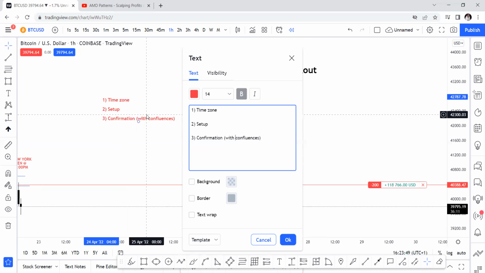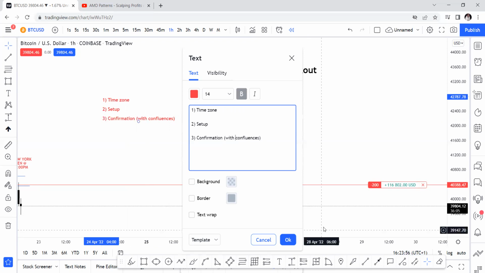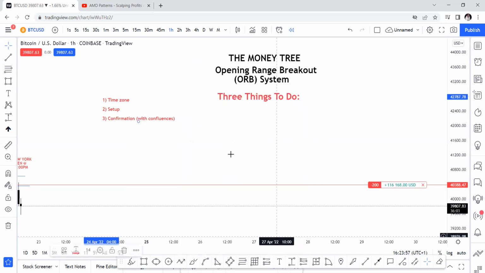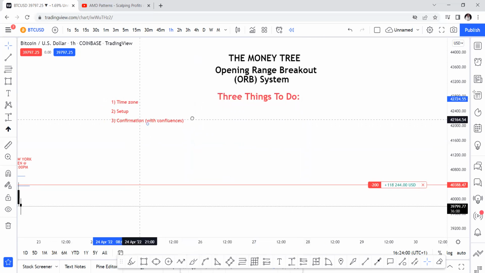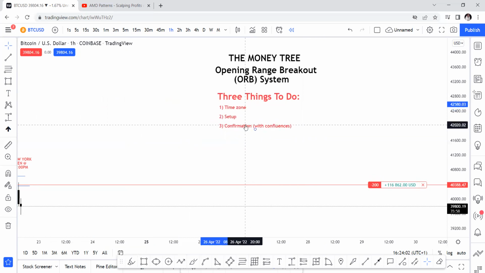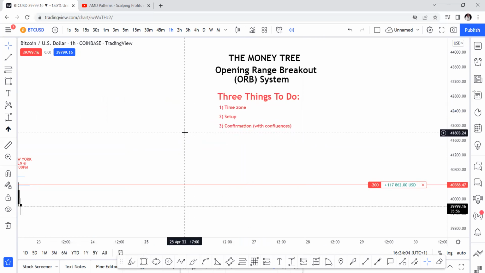It is better to confirm with other technical factors, not rigorous ones. You need to get the time zones of this market session, then the setup, then the confirmation with confluences, whichever way you want to do it.